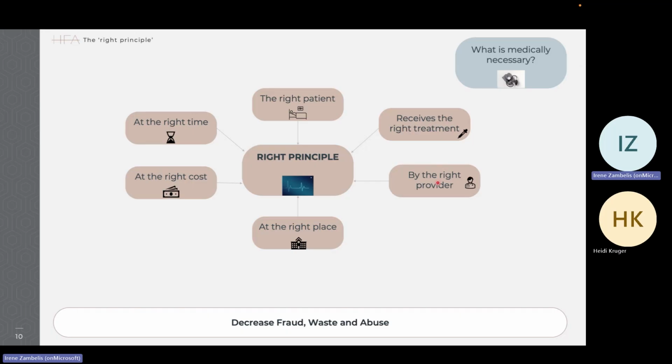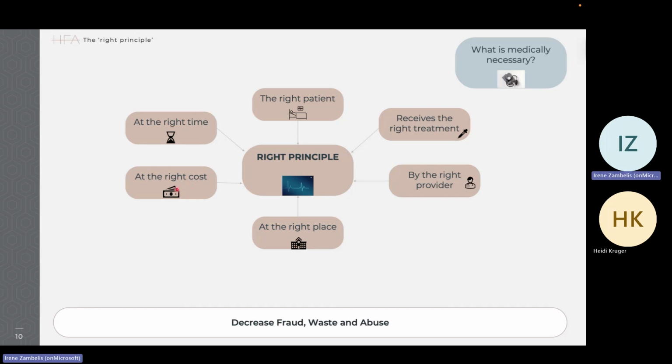We have a lot of work done by specialists that could be done by GPs. As an example, I'm not saying all, but we must ask the question, at the right place, can the treatment be done out of hospital instead of in hospital? Does the patient need an ICU bed, or does it need a general ward bed?